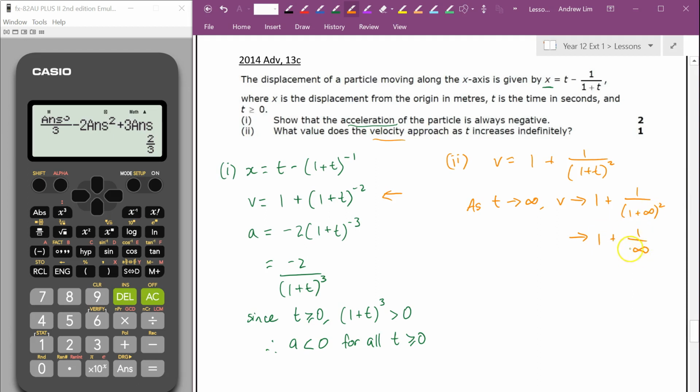In fact, it will approach 0. So this will approach 1 plus 0, which is just 1. Now, remember, we're talking about velocity, so make sure you put in your units, meters per second. So that's what will happen to velocity as t increases indefinitely.